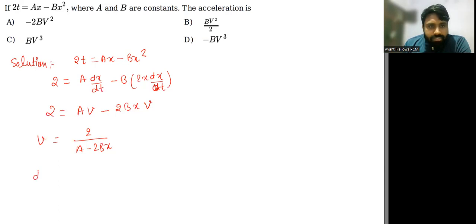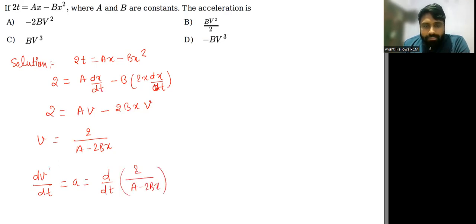Now, if you differentiate this velocity expression with respect to time, you will have the acceleration, which equals d by dt of 2 upon a minus 2bx. This function looks like 1 by x type, and differentiation of 1 by x is minus 1 upon x square.